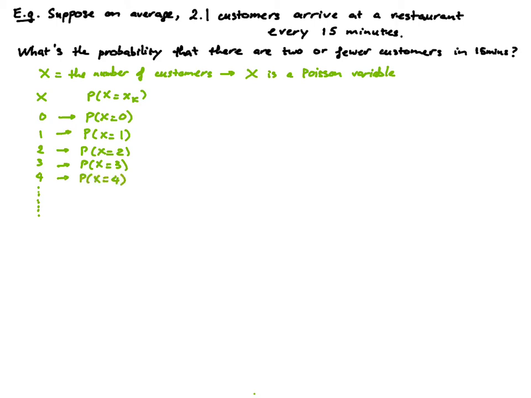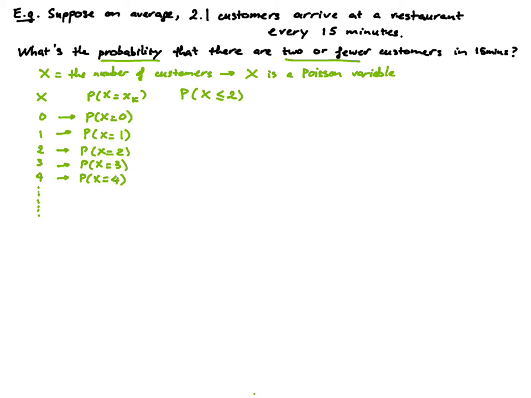So now the question says, what's the probability that there are 2 or fewer customers in 15 minutes? So the probability that we're looking for is the probability that x is less than or equal to 2, right? That means 2 or fewer.